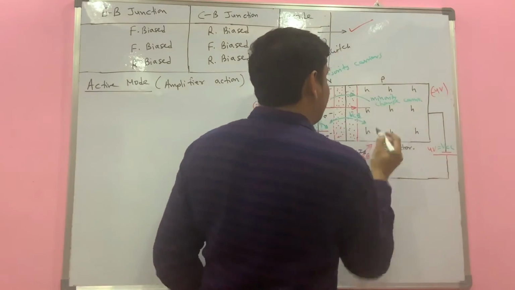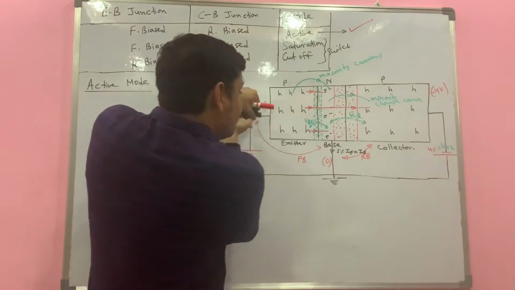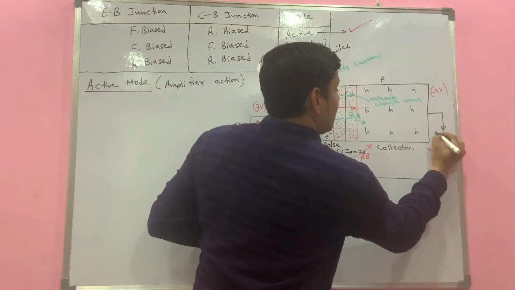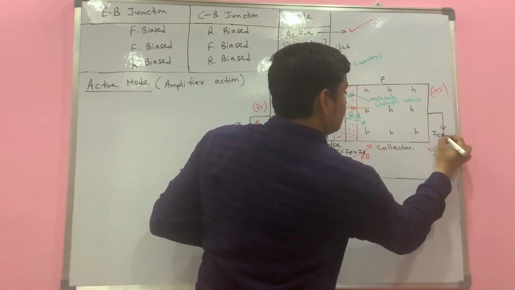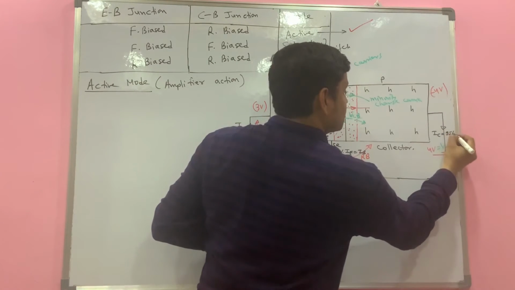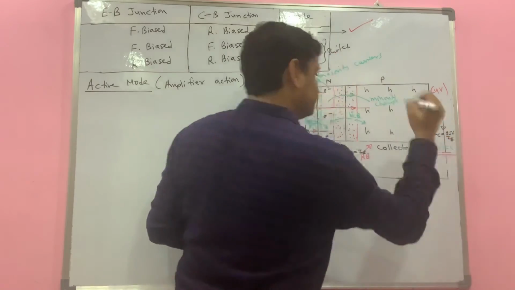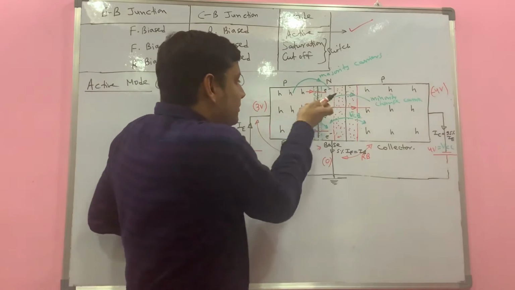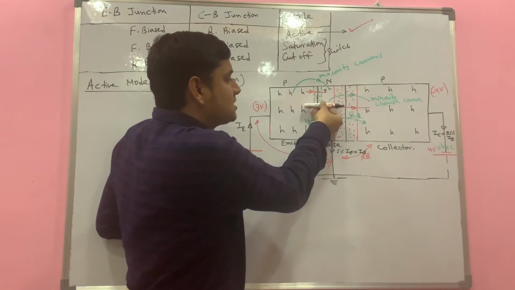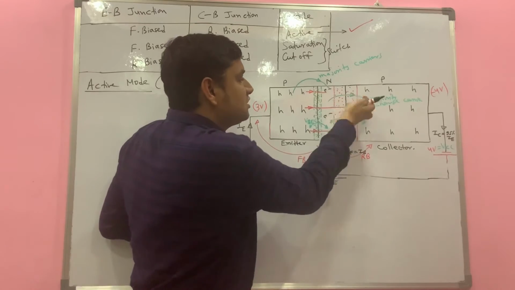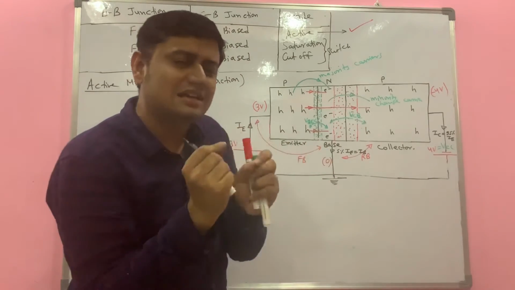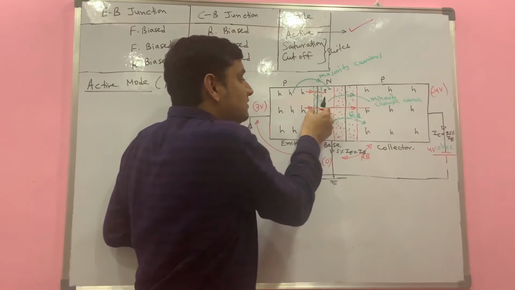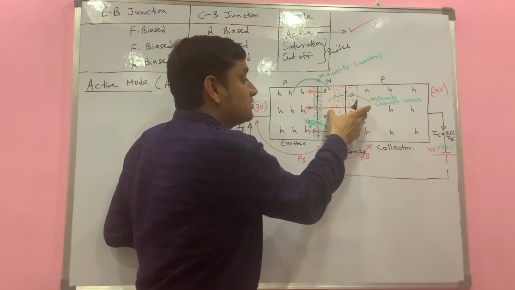So almost 95% of this IE entering here comes here, and that becomes IC, almost 95% of IE. So from this very small resistance the current is IE; this resistance is very large and the current is slightly decreased, but resistance is increased manifold. So the potential difference here is very small, but the potential difference here becomes very large.